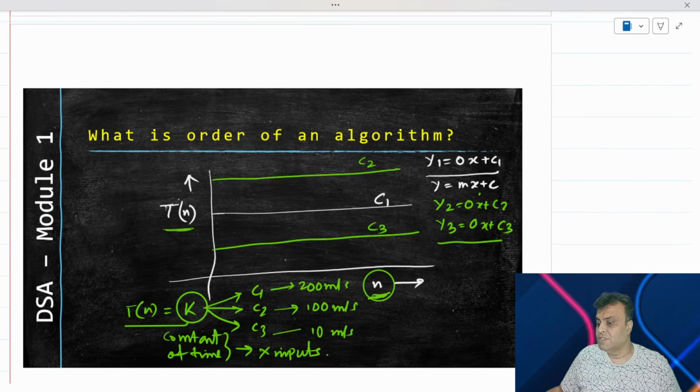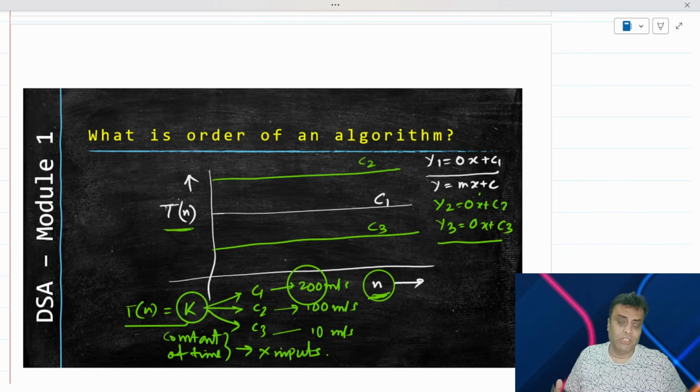When I say input, it is this n. So Tn does not depend on n. Tn executes in a constant amount of time, no matter whichever machine it executes on, no matter how many times it executes, no matter whatever change of inputs you give, it will always execute on that machine in, let's say, 200 milliseconds. Hence, it is a constant amount of time, right?